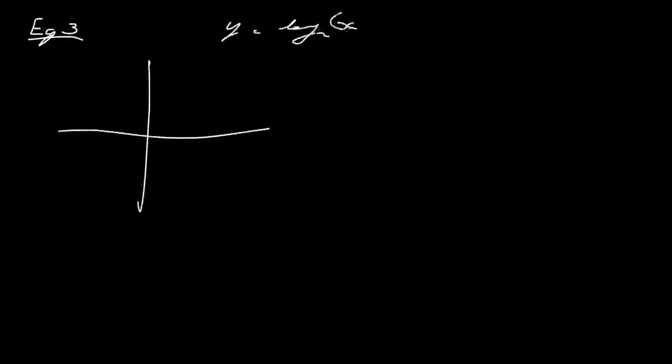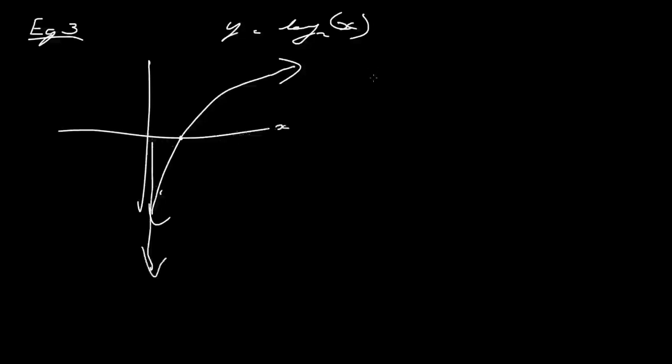Okay. So I'm just going to plot this. The graph is y equals log 2 of x. And I'm just going to sketch it here, but you can plot it on your calculator accurately if you want. It's not necessary. Basically what they're saying is, note that as x tends to 0, if we look at x as it goes to 0, do you see that the graph goes to negative infinity?